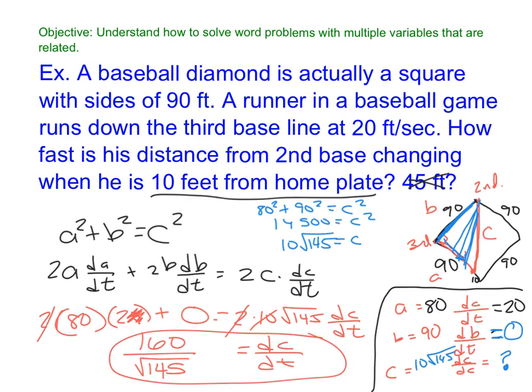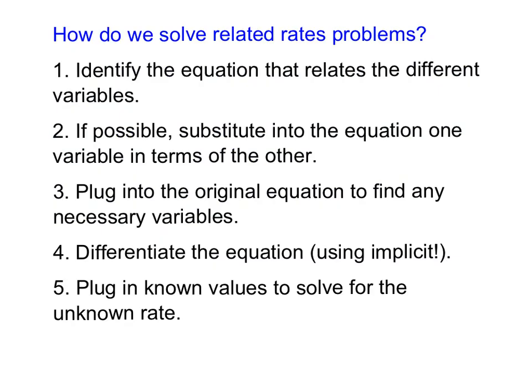If you want to pause it and try it on your own, go for it. It's good practice, but it's the same process. Okay, so here's the breakdown of what we're going to do. We identify the equation that we want to use for this specific problem. If possible, we substitute into the equation one variable in terms of the other.